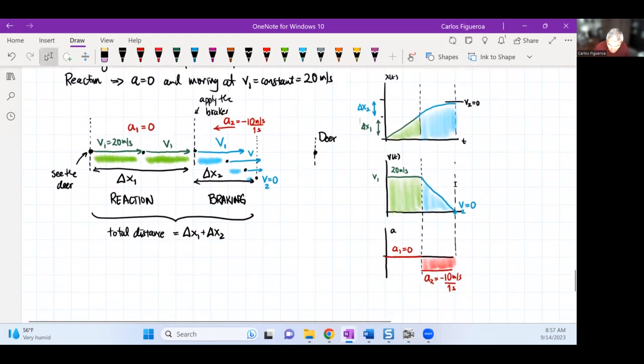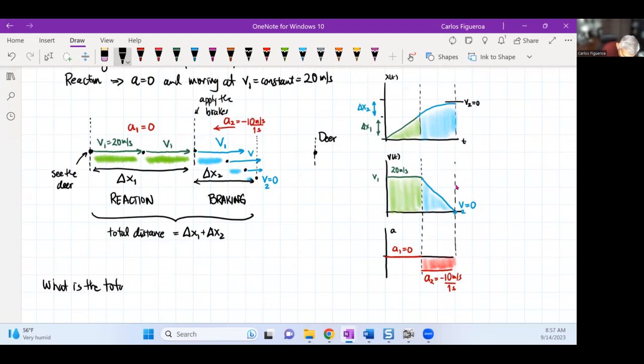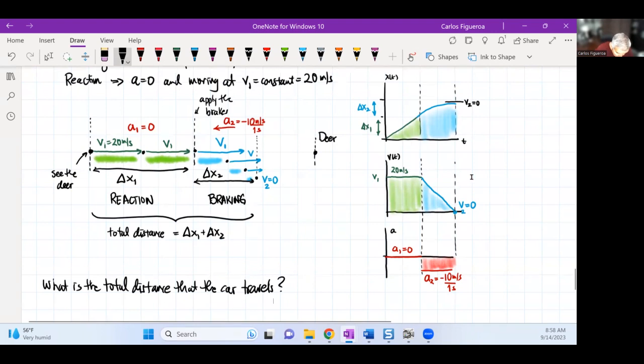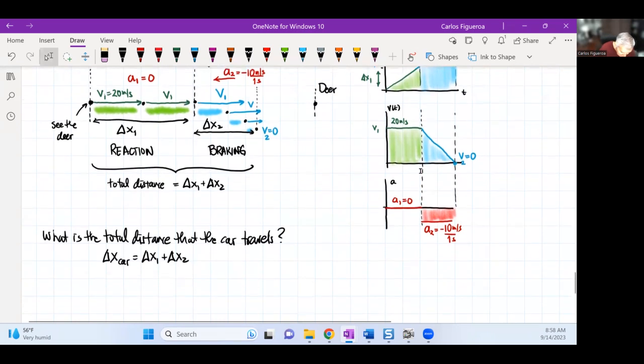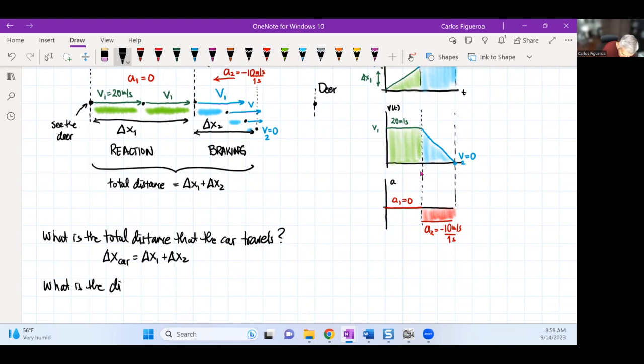In other words, what we're really asking is, what is the total distance that the car travels? That tells me the total distance of the car should be delta x1 plus delta x2.